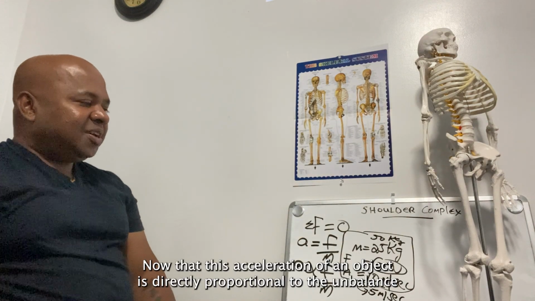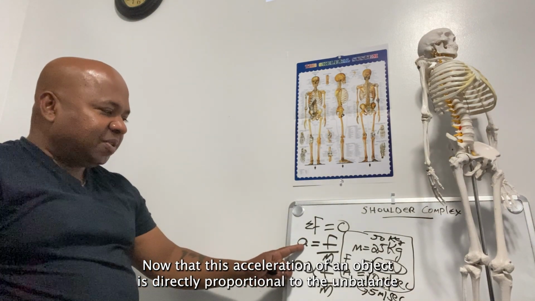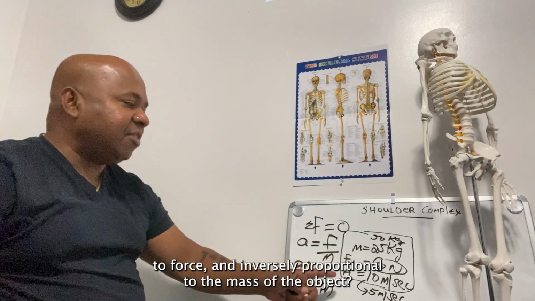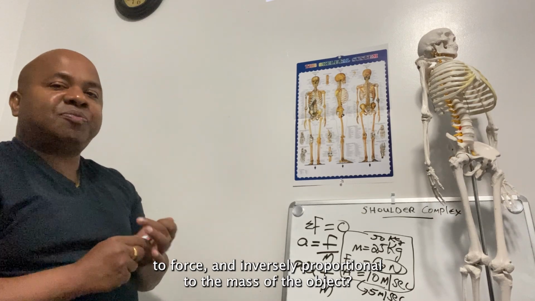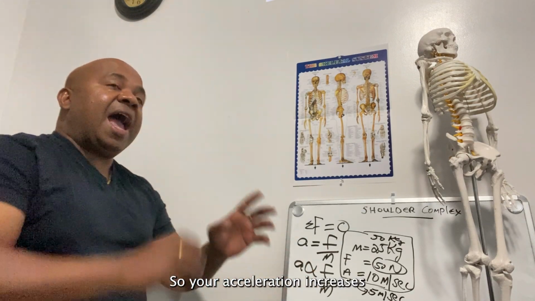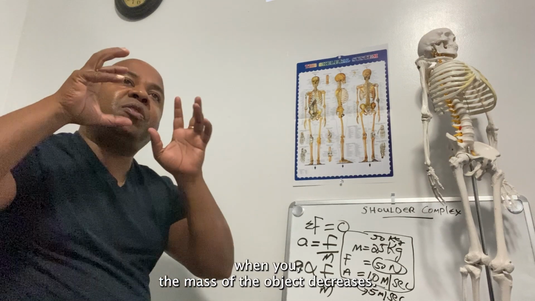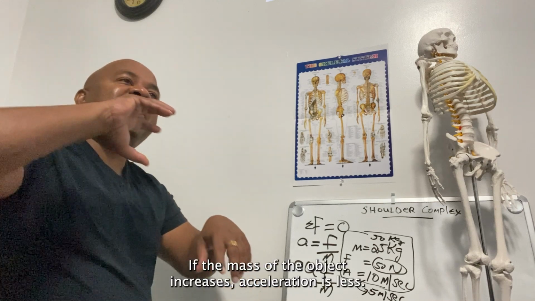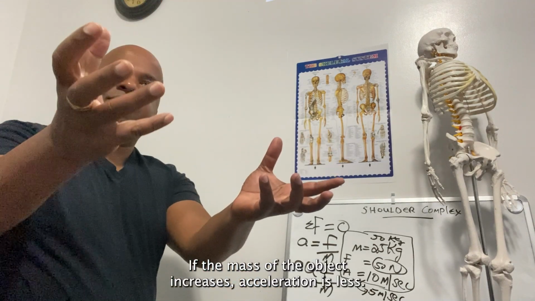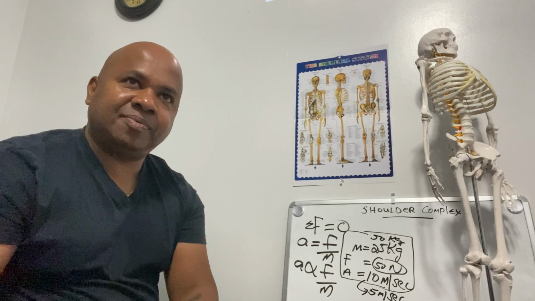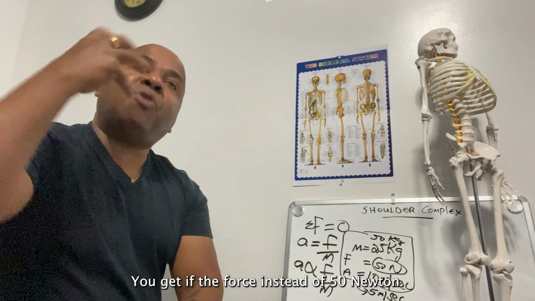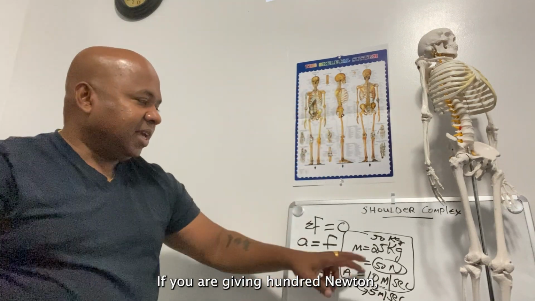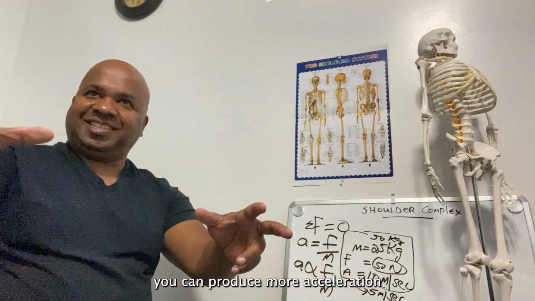Do you understand now? Acceleration of an object is directly proportional to the unbalanced force and inversely proportional to the mass of the object. So your acceleration increases when the mass of the object decreases. If the mass of the object increases, acceleration is less. Again, if instead of 50 Newton you give 100 Newton, you can produce more acceleration.